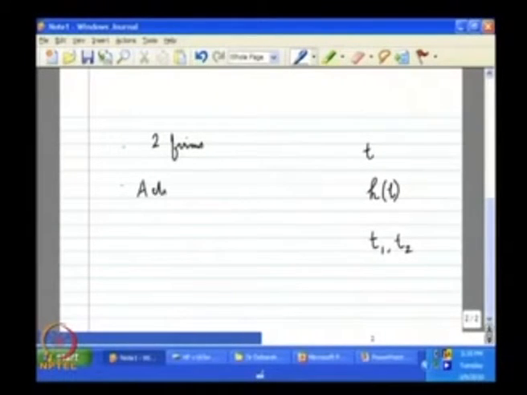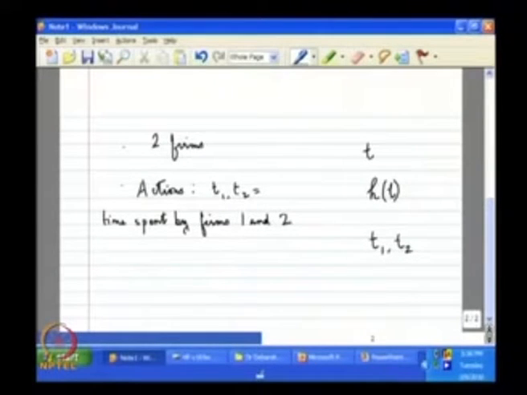Actions: t1, t2, they are the time spent by firms 1 and 2 respectively, in developing the product.